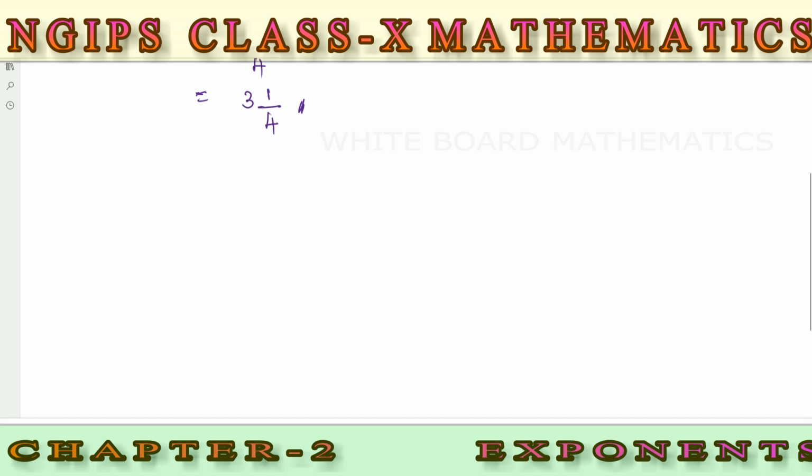The sixth one: 5 square minus 3 square, into (2 by 3) whole power minus 3 they have given, we need to solve. So 5 square is nothing but 5 into 5, 3 square is nothing but 3 into 3.